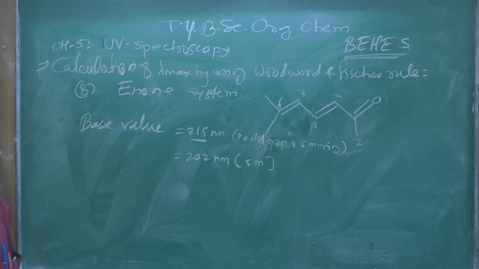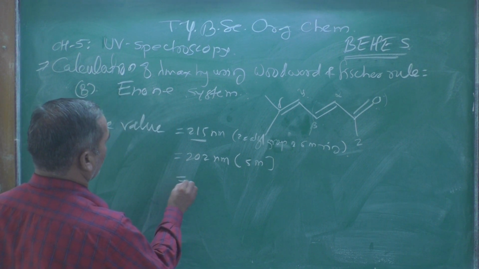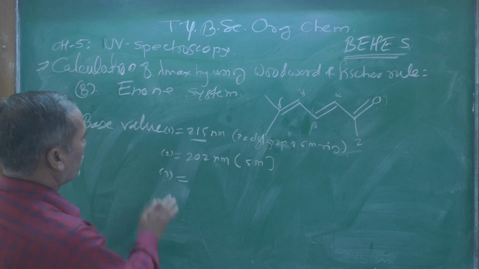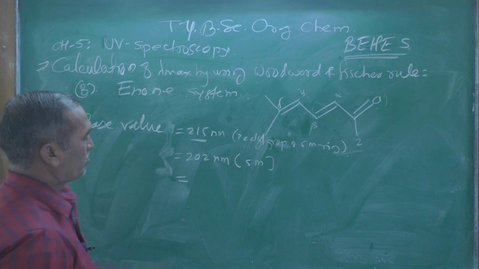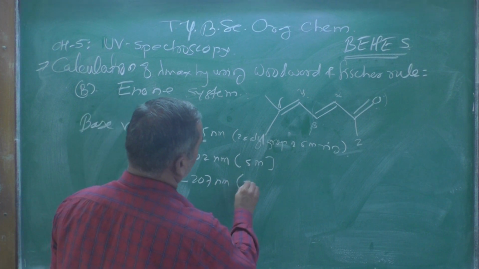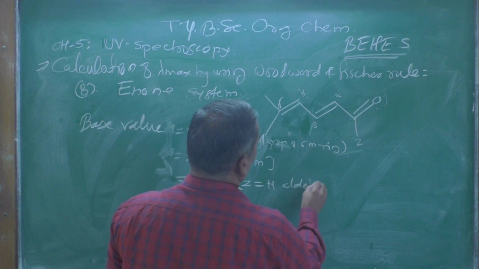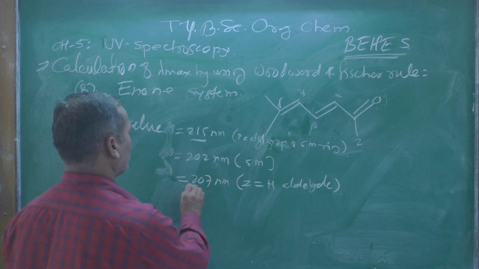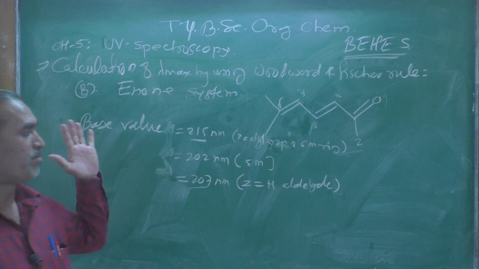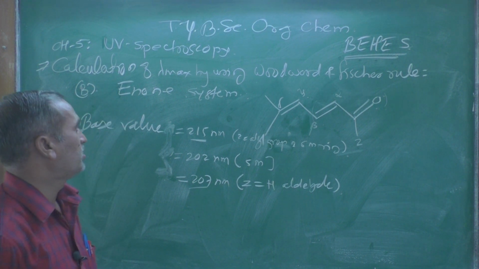Then you can take it as 215 nanometer, and the third one is 207 nanometer, if Z is equal to a hydrogen atom, meaning aldehyde. Then you can consider 207 as the base value. If you remember these 3 values, then you will be able to solve the problem.